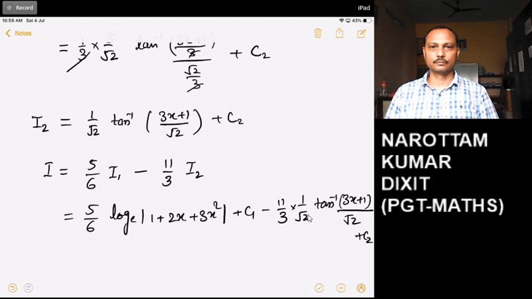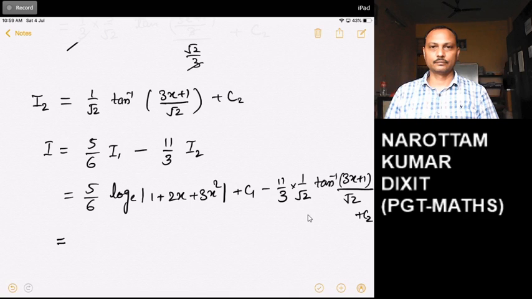Now there are two constant terms c1 and c2. So combine these two terms and write a new constant, that is c.